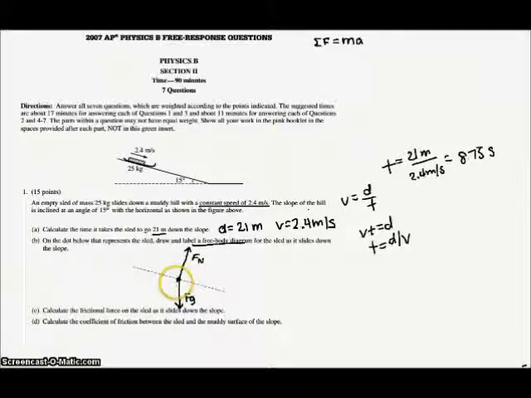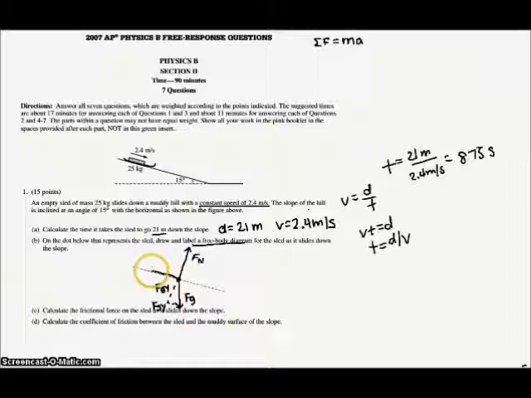And since the normal force is perpendicular to the slope, we have to divide the force of gravity into its x and y components. So this would be F G Y, and this will be F G X. And then we also have friction as it slides down.